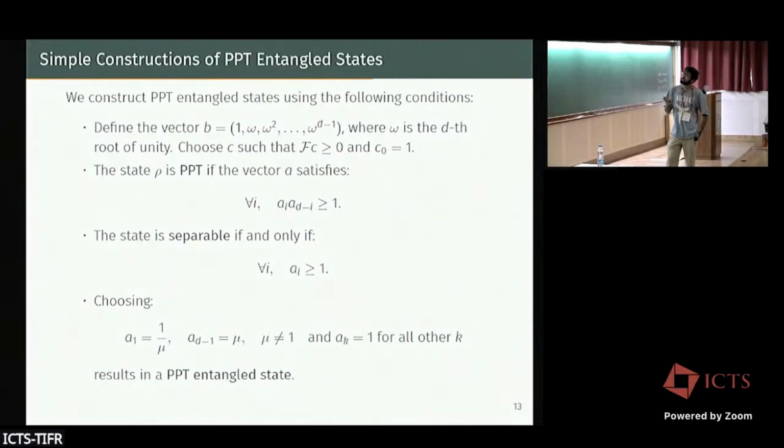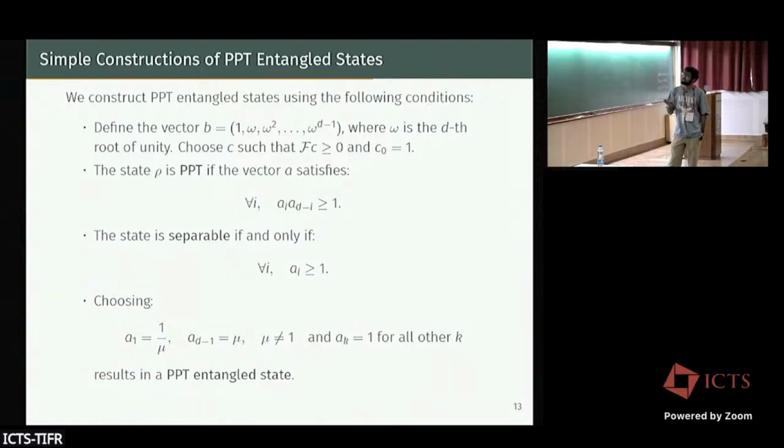There's a simple construction of PPT entangled states in this class, where we take B to be a vector with entries 1, omega, omega squared, and so on, where omega is the d-th root of unity. In such a case, selecting C optimally using this Fourier transform, we get a simple condition for PPT: A_i A_{d-i} is greater than or equal to 1, and the state is separable if and only if A_i is greater than or equal to 1 for all i.